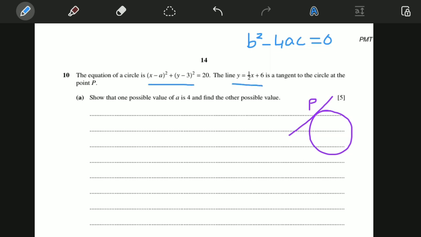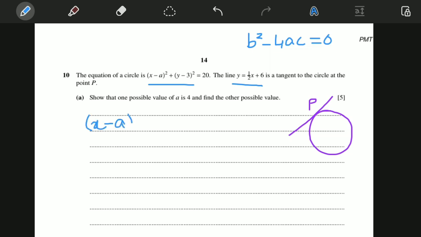So we are going to substitute the equation of the line in the equation of the circle. In this case we have a, not a number, so we won't get the points of intersection. We'll get an equation in a, and then we'll solve it to get the possible values of a. So let's start.